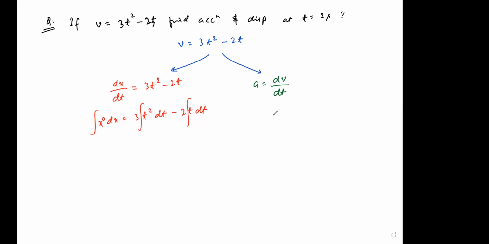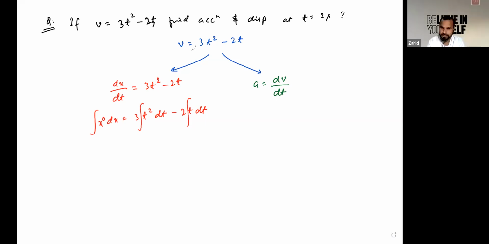In this part, we have been given velocity, which is 3t squared minus 2t. So you have to calculate first acceleration. In last class, I defined how to calculate acceleration. There are two different formulas. First, if velocity is a time dependent function, just differentiate it with respect to time, you will get acceleration.